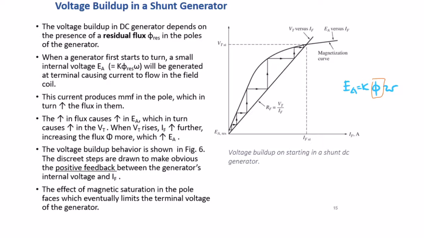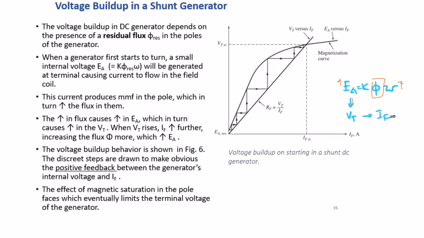But then when the rotor starts rotating, although initially EA is very small, EA is there, and when EA is generated, we've got some VT, and therefore we have a field current as well.